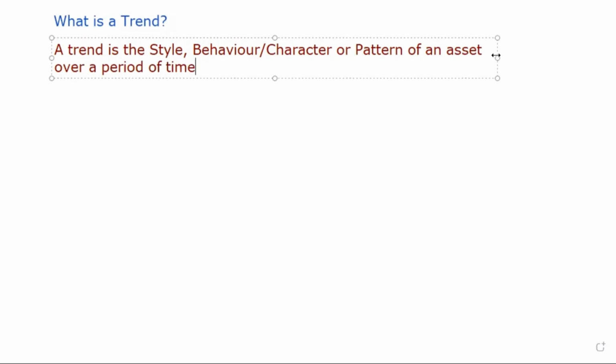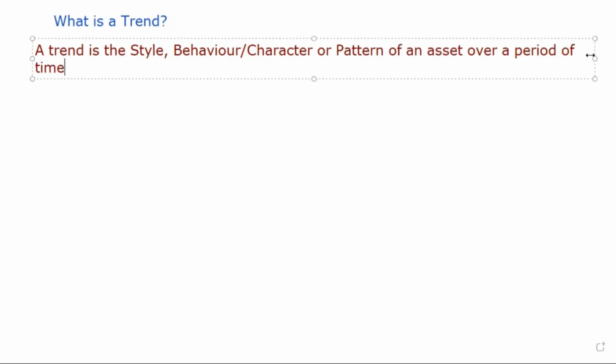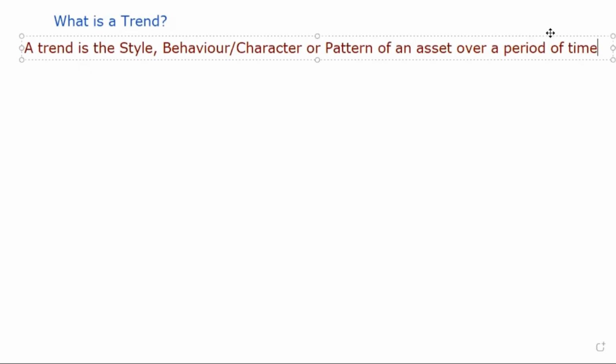So whenever you hear trend, time is actually of essence. You can't speak of trend without time, as in period. Whenever you speak of a trend, time is always factored into the definition, right?